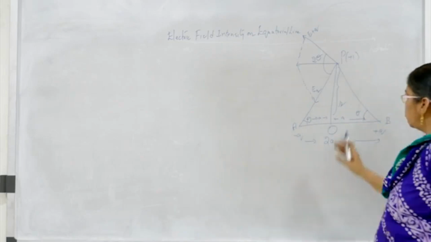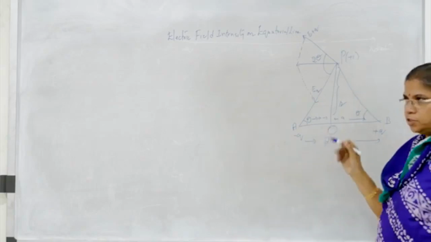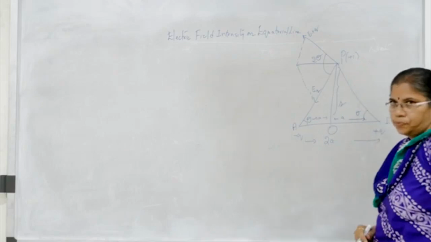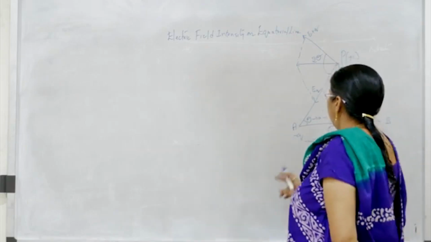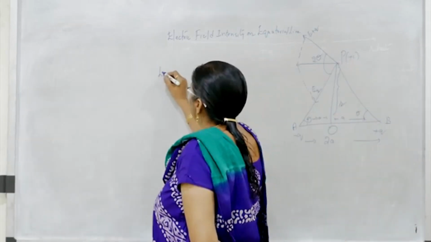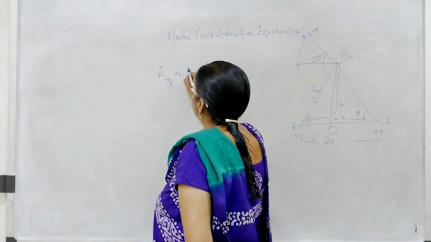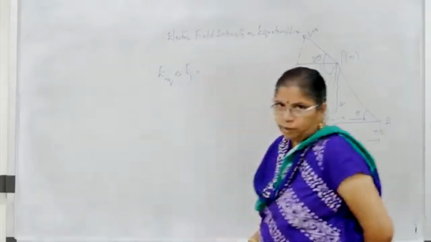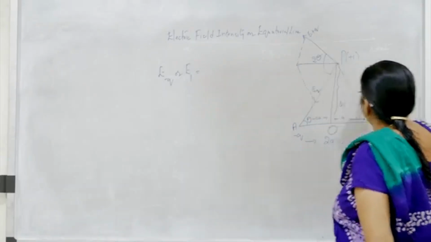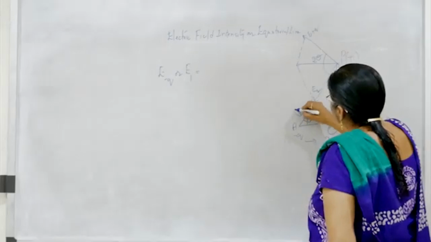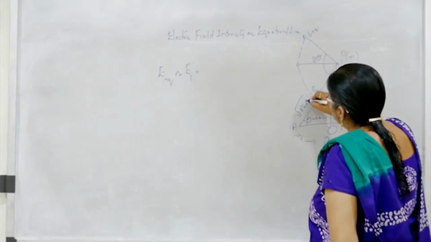So minus q and plus q are the charges, P is the place where a positive charge is placed, and these are the directions of the fields. First I want to calculate the electric field intensity due to the minus q charge, E1. AP becomes root over r square plus a square, and BP also becomes root over r square plus a square.